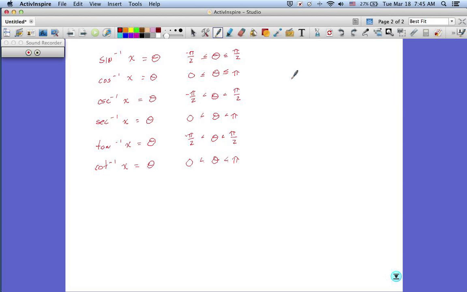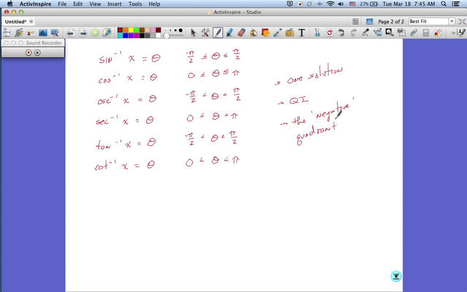Remember, you're looking for one solution. In one of the two quadrants, you always include the first quadrant. Quadrant 1 is included for everything. And the second quadrant is the negative quadrant. So in other words, if you're talking sine, the negative quadrant would be the fourth.